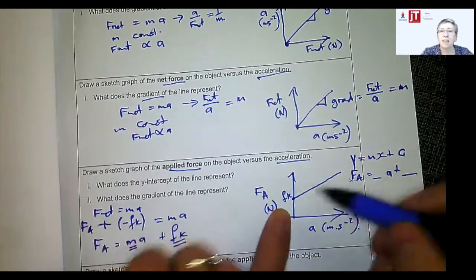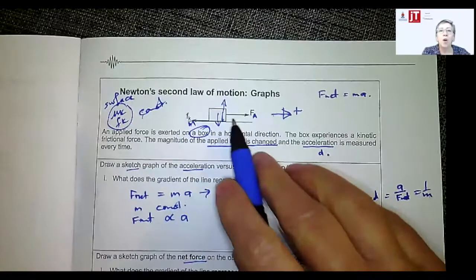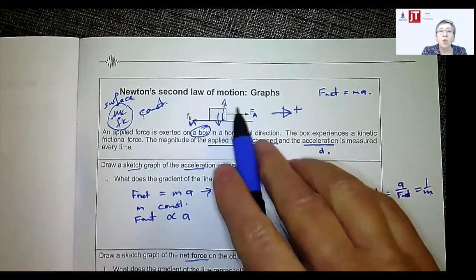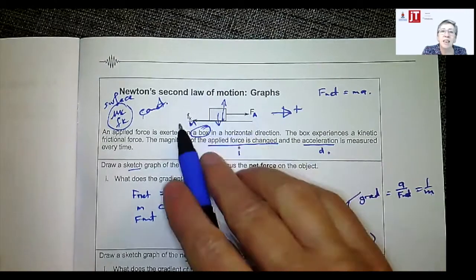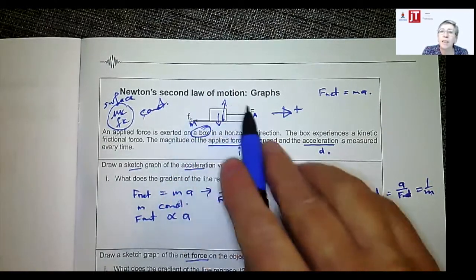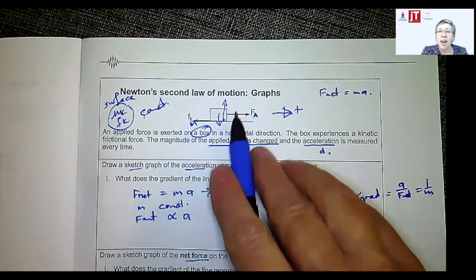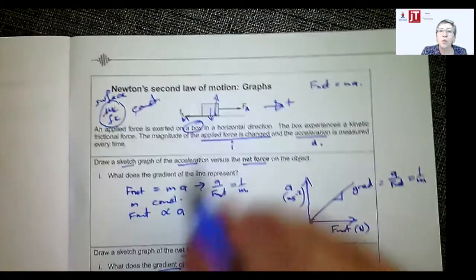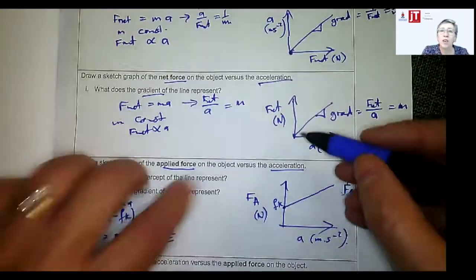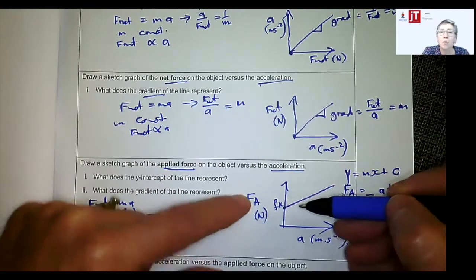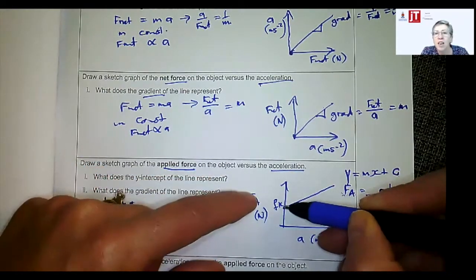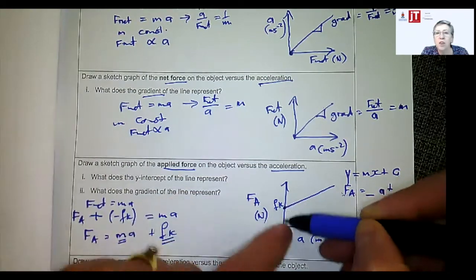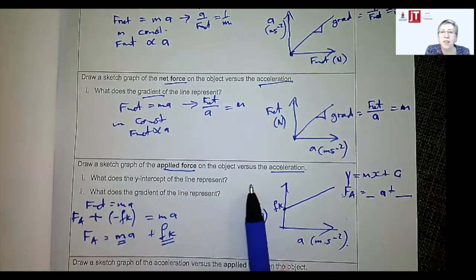Yes, it makes sense, because remember, if you are pulling exactly the same amount as the kinetic friction, it means there will be an F net of 0. And if F net is 0, it means your acceleration will be 0. So if the applied force is equal to the magnitude of the kinetic friction, then F net is 0, and A is going to be 0.